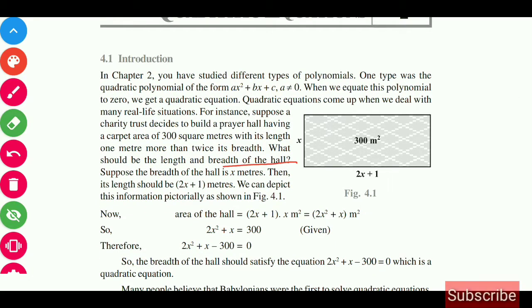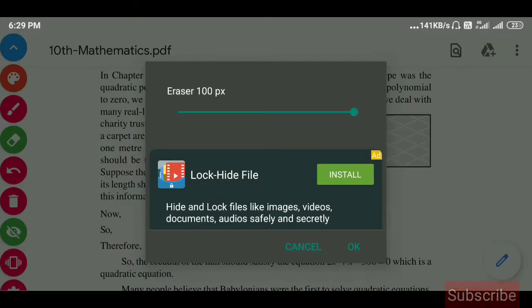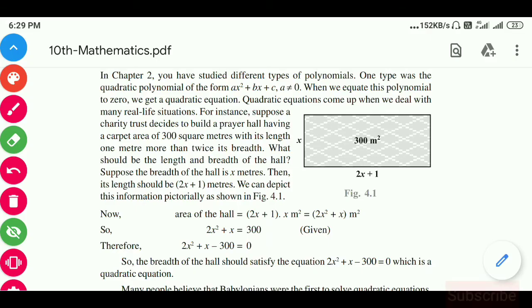It's simply a relation where we are given that the length of the carpet is one more than twice its breadth.